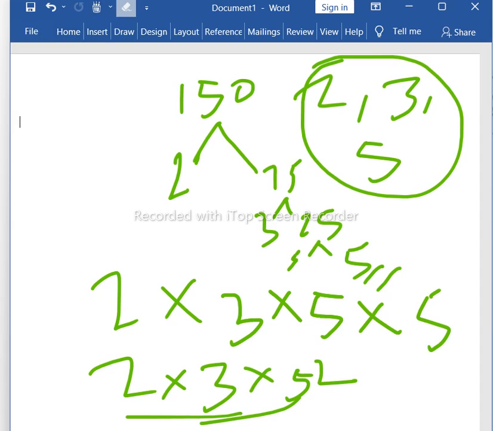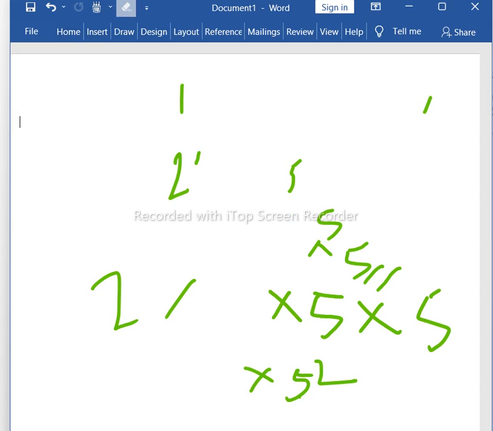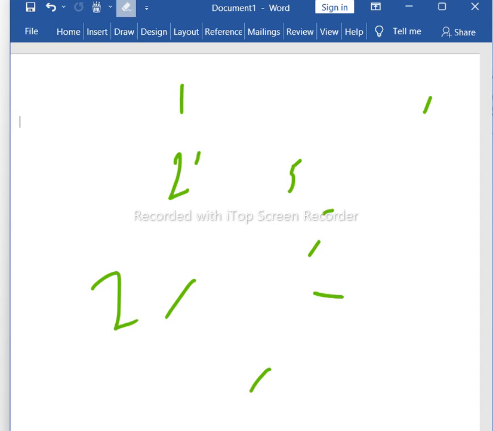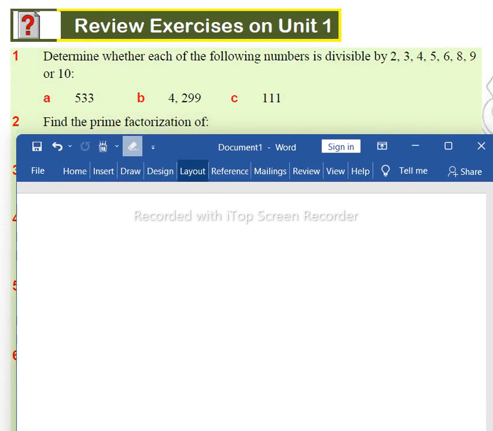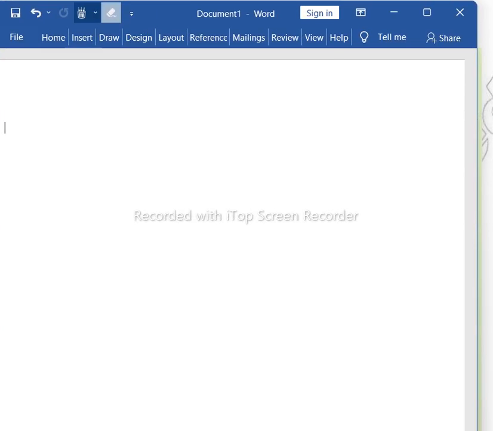Let us move to the next question. The next question is 202. Let us find the prime factorization of this number also.